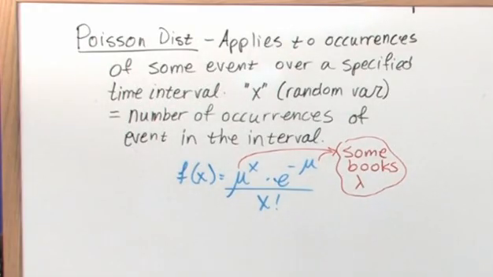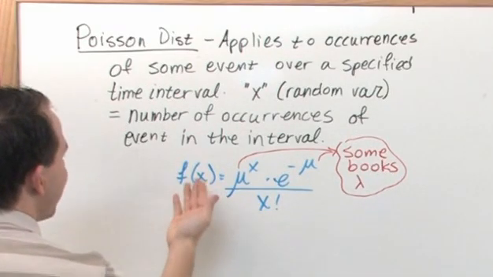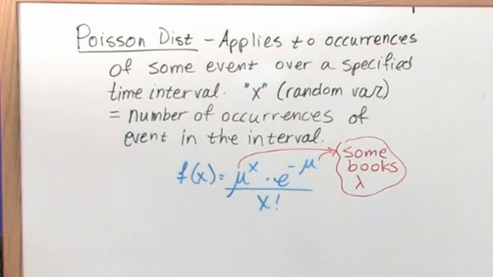So big picture, this is a probability distribution function. It has some mean value of something occurring that you'll see in the problems, and then this probability distribution is going to be the probability that a certain random variable has a certain number of occurrences in the specified time interval. So it could be the probability that 3 raindrops will fall into this bucket in a period of 1 minute, or it could be the probability that 10 raindrops will fall into this bucket in a period of 1 minute.